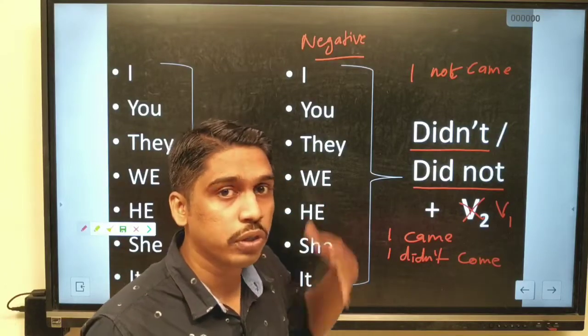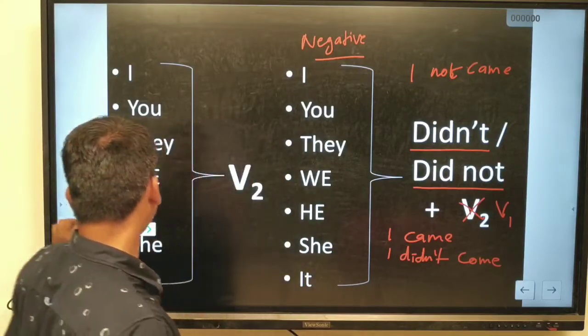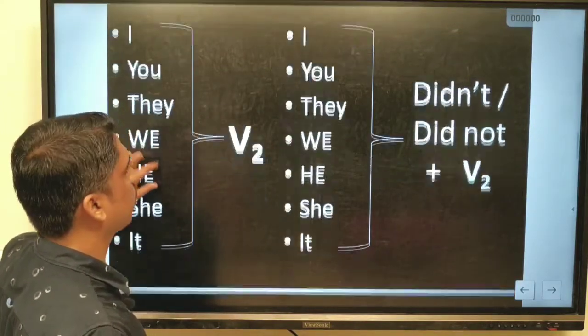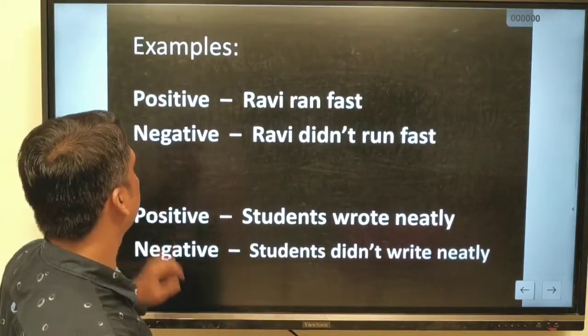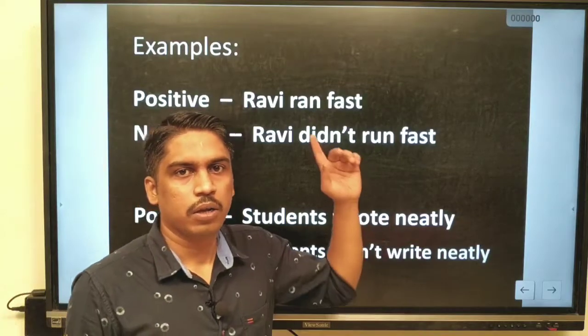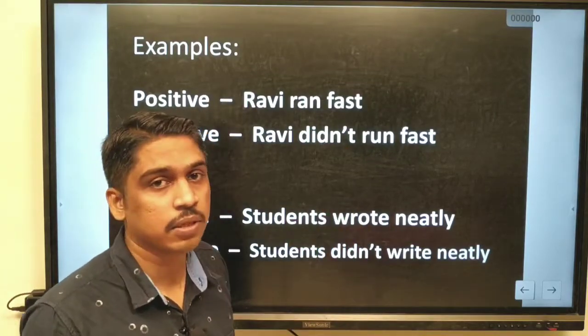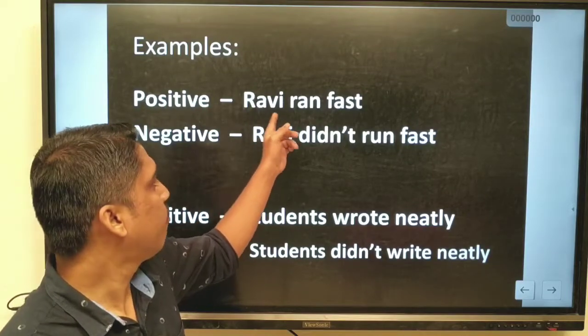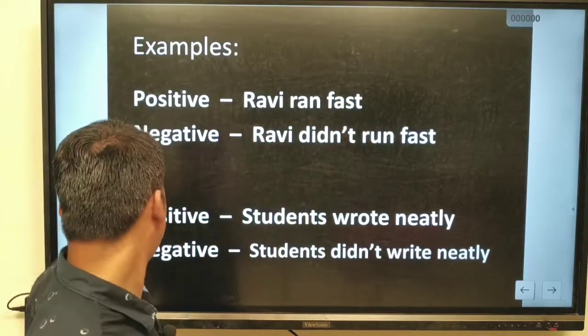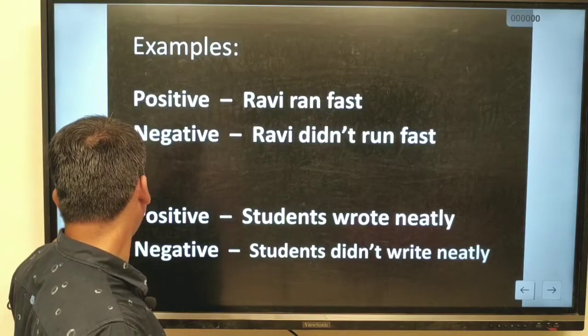We can go to the examples. Now look here, the examples. The first one, positive example. Ravi ran fast. Okay, Ravi ran fast.